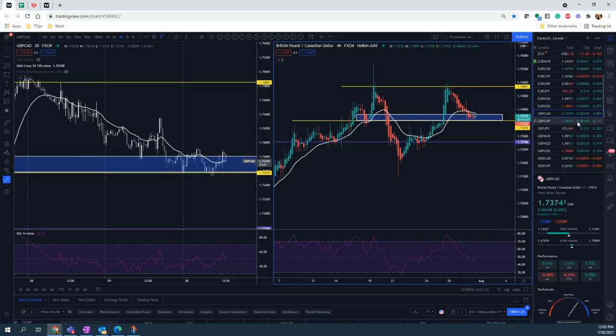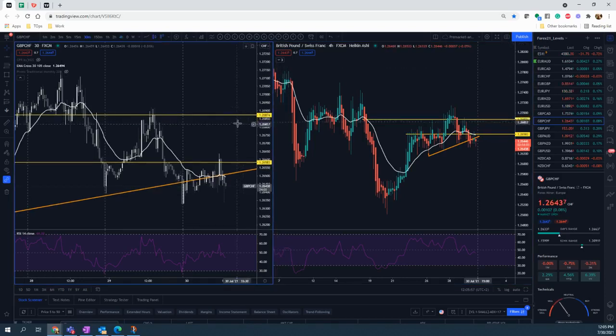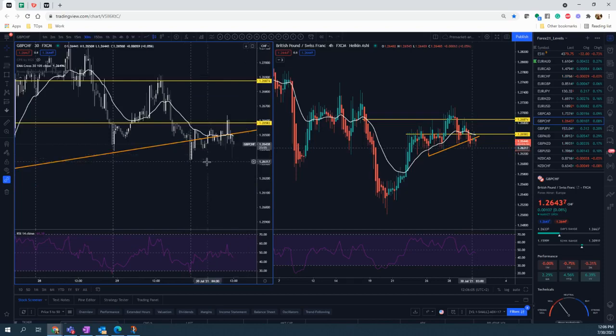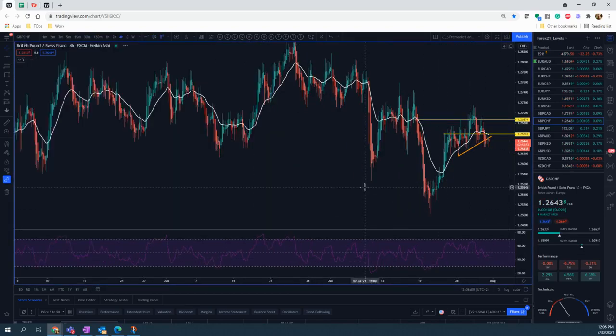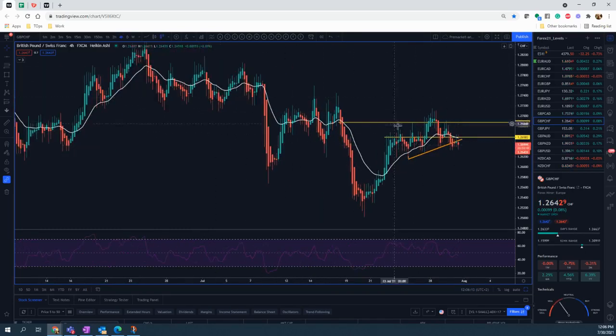What about GBPCHF? This one I was long earlier, but since the price broke below its low here, it seems that I need to go for a short trade. Short, because you see here that the bigger time frame is bearish.